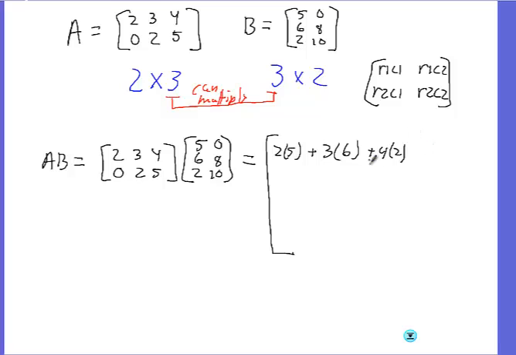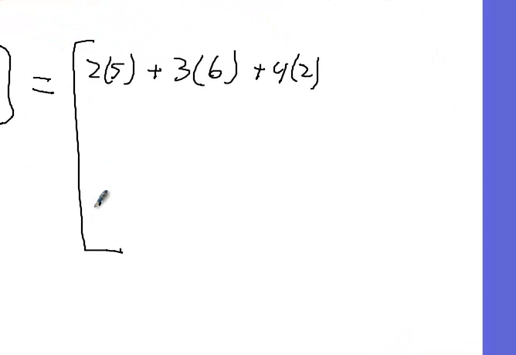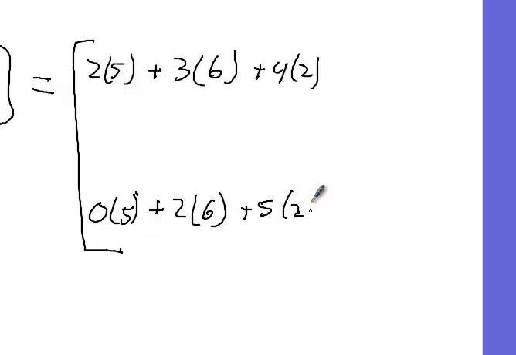So then to get row 2, column 1, aka the bottom left, we're going to take row 2 multiplied by column 1. So it's going to be 0 times 5 plus 2 times 6 plus 5 times 2. Now, to get this one right here, row 1, column 2, we take row 1, which is 2, and we multiply by column 2.